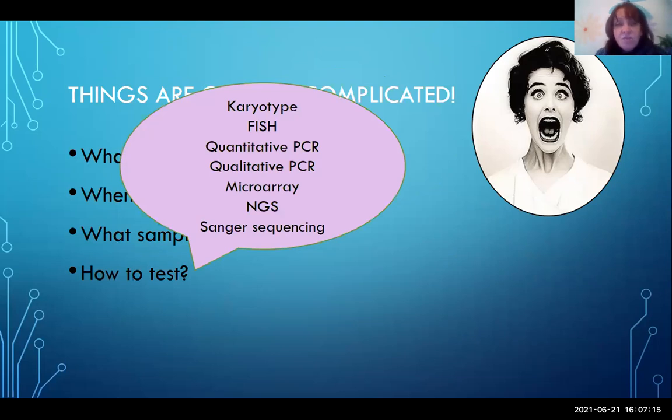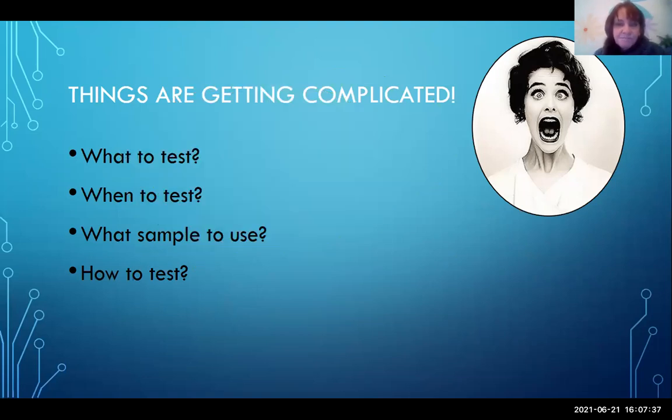And how to test, whether you should be using karyotyping, is that good enough, microarray, NGS. And I think Theo will also point out later that the number of testing platforms is expanding exponentially. And while that's fantastic from a research point of view and our capabilities, it is getting more and more confusing at the actual clinic level.